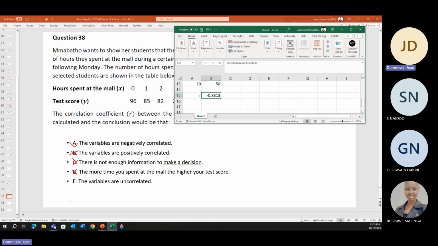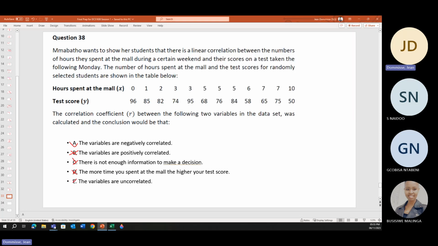And then the variables are uncorrelated, also not true. For it to be uncorrelated, it should be 0. That's the only time when it will be uncorrelated, when there's no correlation, and that means your correlation coefficient will be 0.